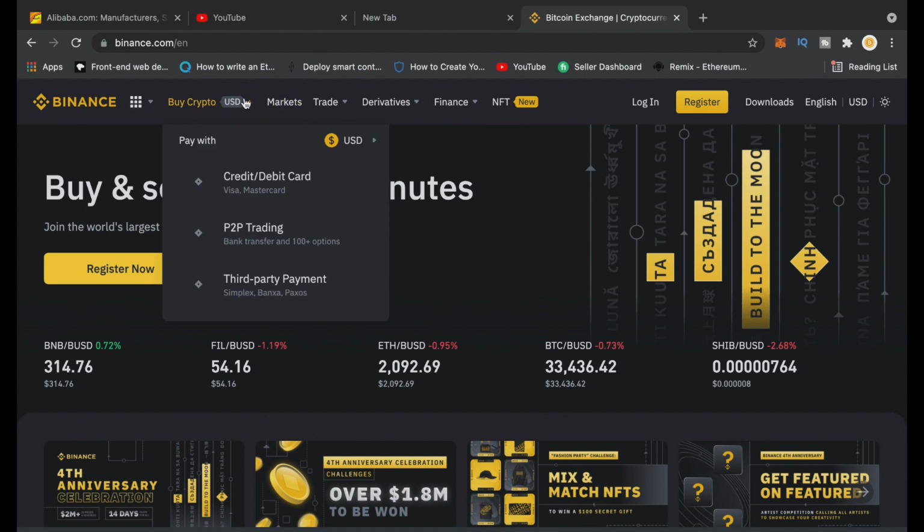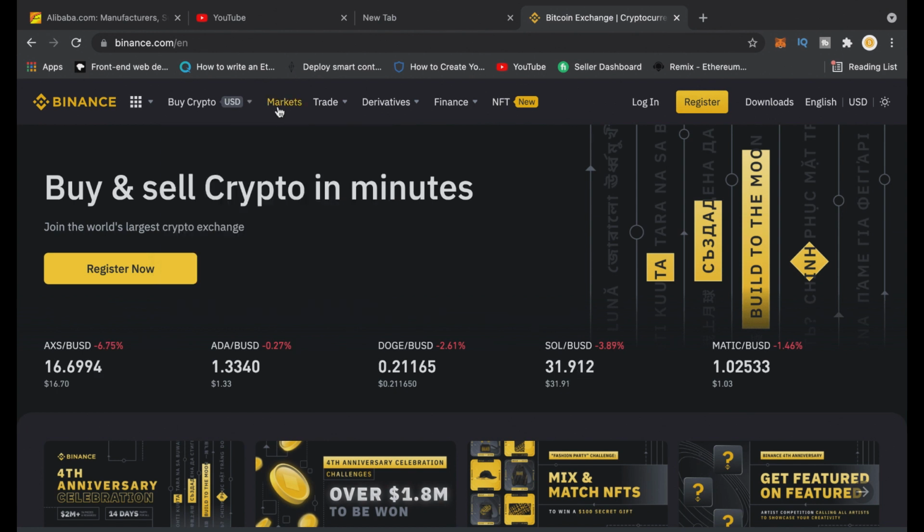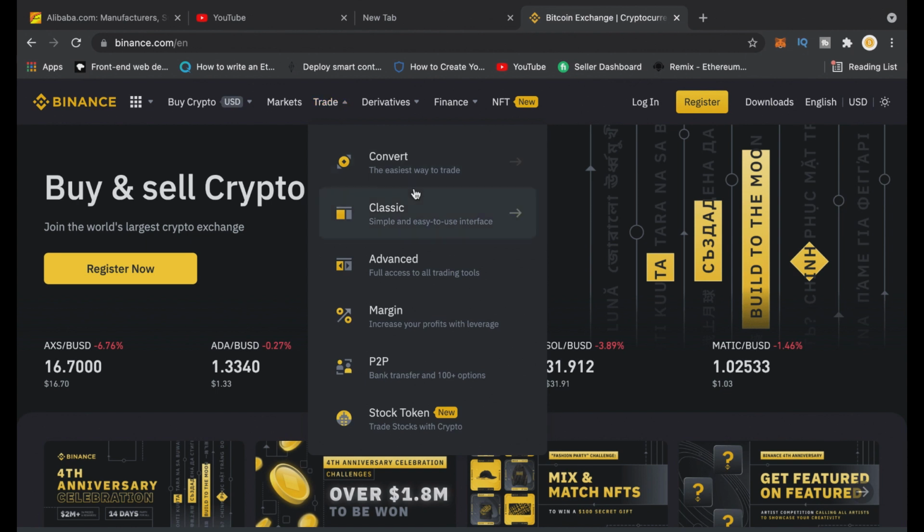So it doesn't really matter what's here, because the site automatically detects the currency of the country where you are. So on market here, if you just click here, it takes you to market, right, where you can see currency pairs and stuff like that. So on trade, there is a place you can easily convert. If you're new to the platform and you don't feel like doing a lot, then there is a place you can easily convert your crypto.